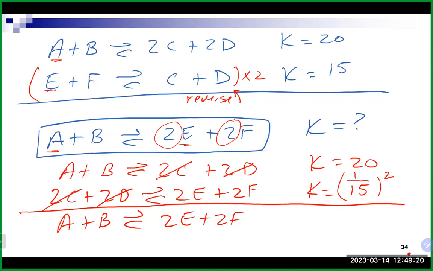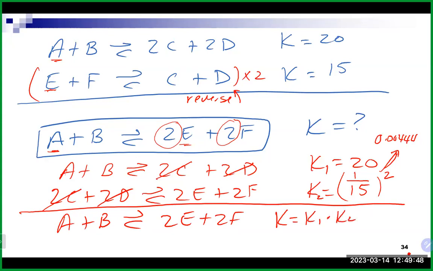Now, in terms of 1 divided by 15, and then we're also going to square it, that's going to give me 0.00444, a bunch of 4s. Now, this is say K1, this is say K2. To get the K value for this one, once again, we're going to multiply those numbers together.